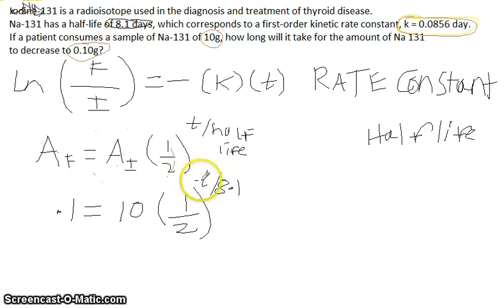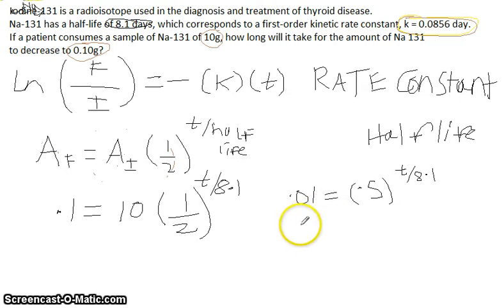So let's find the time or amount of days it takes for sodium-131 to decay to the final amount. First, we divide both sides by 10 to get that 0.01 is equal to 0.5 to the power of t divided by 8.1.